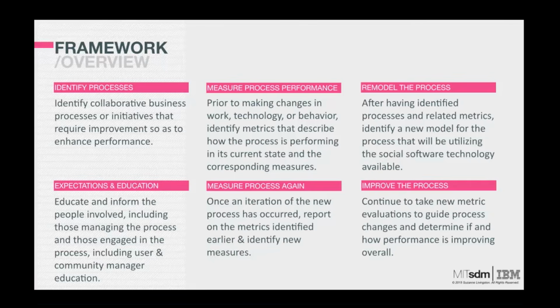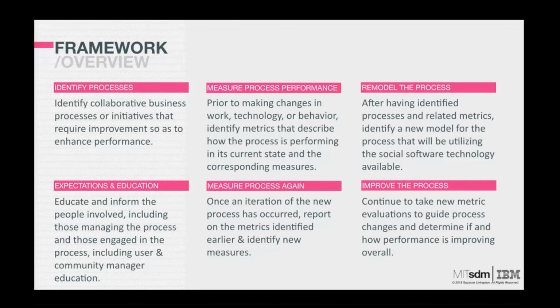As a part of this, they also have to set, step 4, expectations with those who are recipients of this process or involved in it, and educate them so that they know how to use the technology, what is available to them, and how their process should be changed so that moving forward, they can comply with this new process.